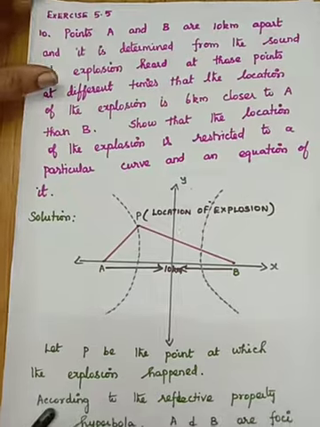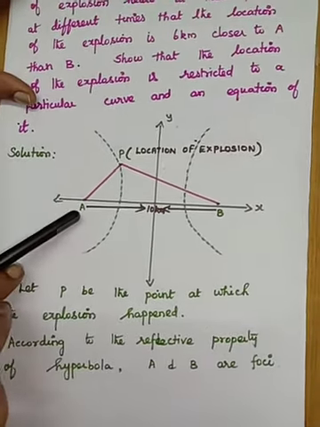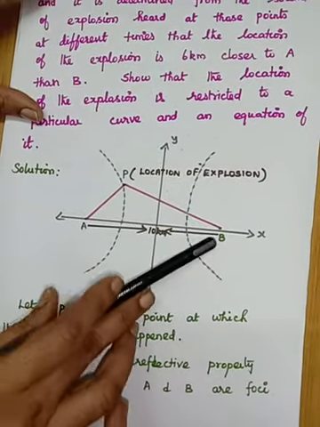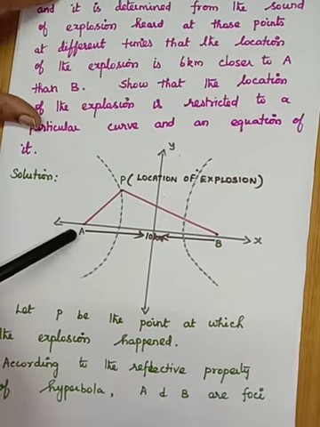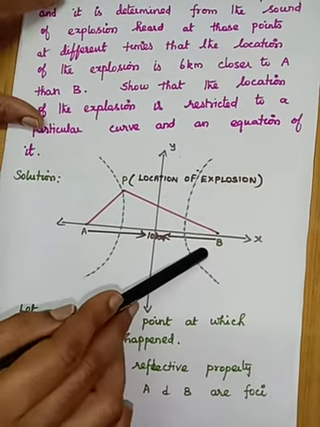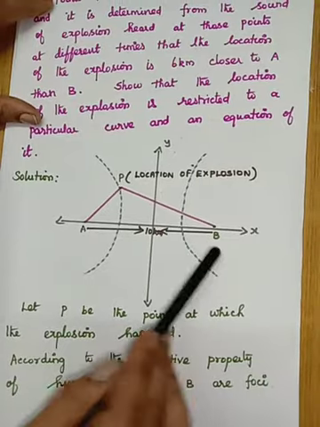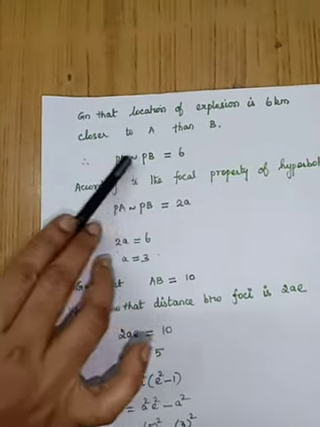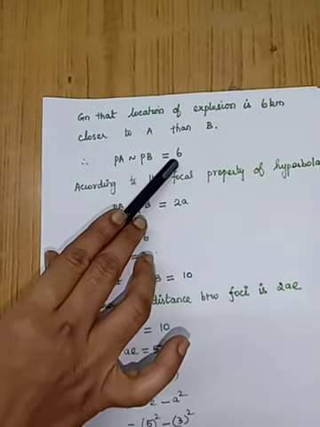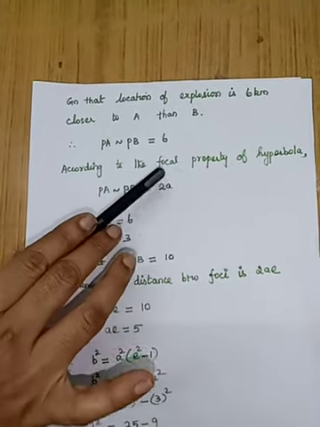According to the reflective property of the hyperbola, A and B are the foci, because sound waves directed from one focus are received at the other focus. So A and B are the foci. I have already told you the difference between PA and PB is equal to 6. Now we come to the focal property of the hyperbola.